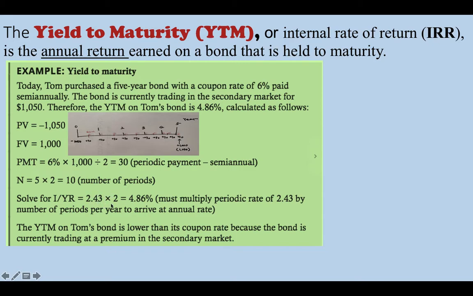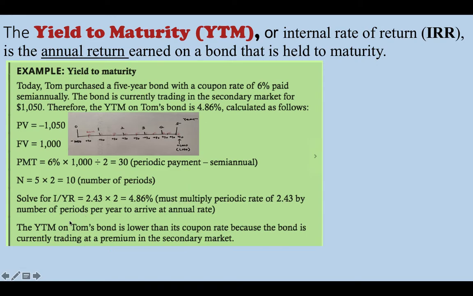You have to multiply by 2, then you get 4.86%. So you must multiply the periodic rate of 2.43 by the number of periods per year to arrive at an annual rate. So that's how you calculate the yield to maturity.